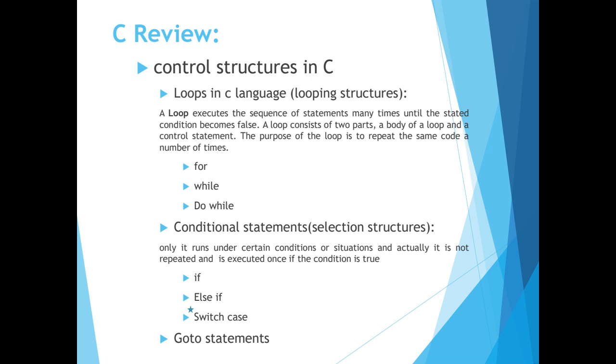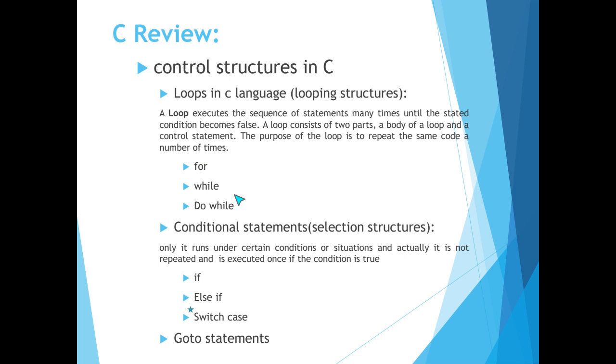A loop consists of two parts, a body of a loop and a control statement. The main purpose of a loop is to repeat the same code a number of times. The looping structures usually use for, while, and do while terms. I will talk about their syntax in the next slides.